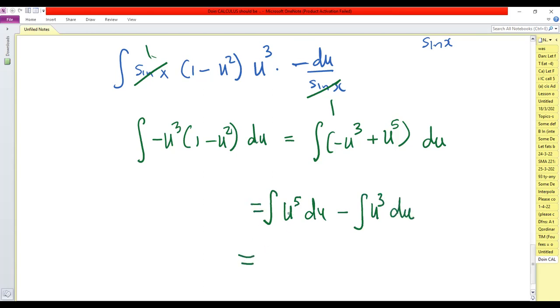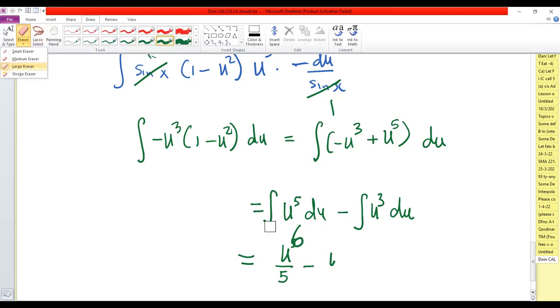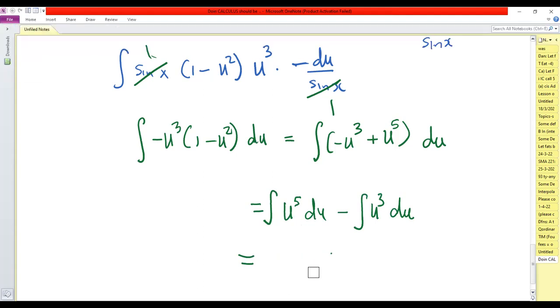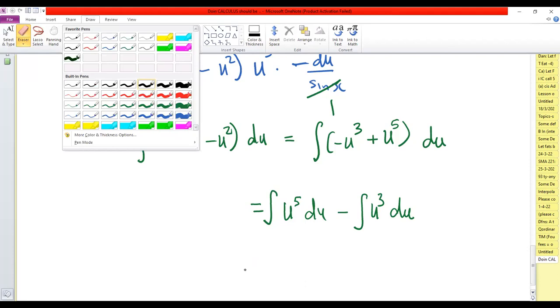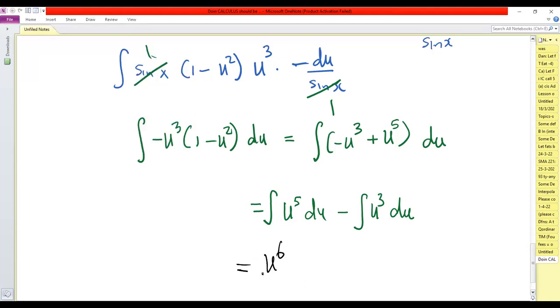Application of the power rule will give us u power 6 over 6 minus u power 4 divided by 4, and then plus c. Simply, when applying the power rule, add 1 to the power and then divide by the new power.